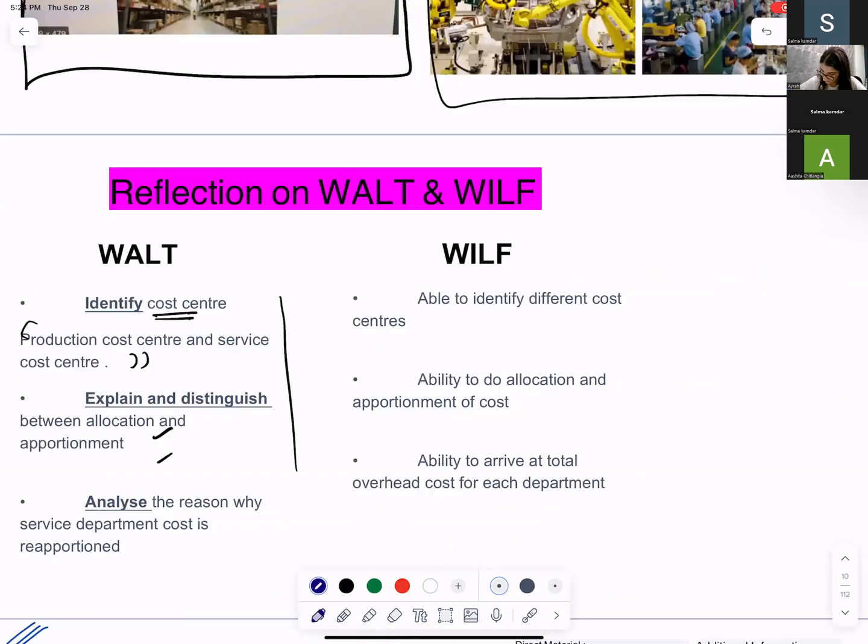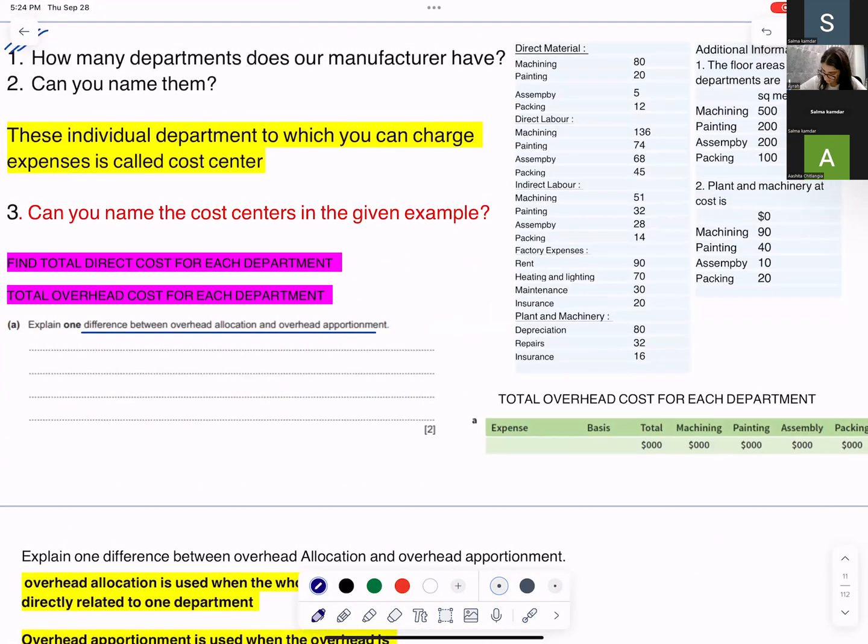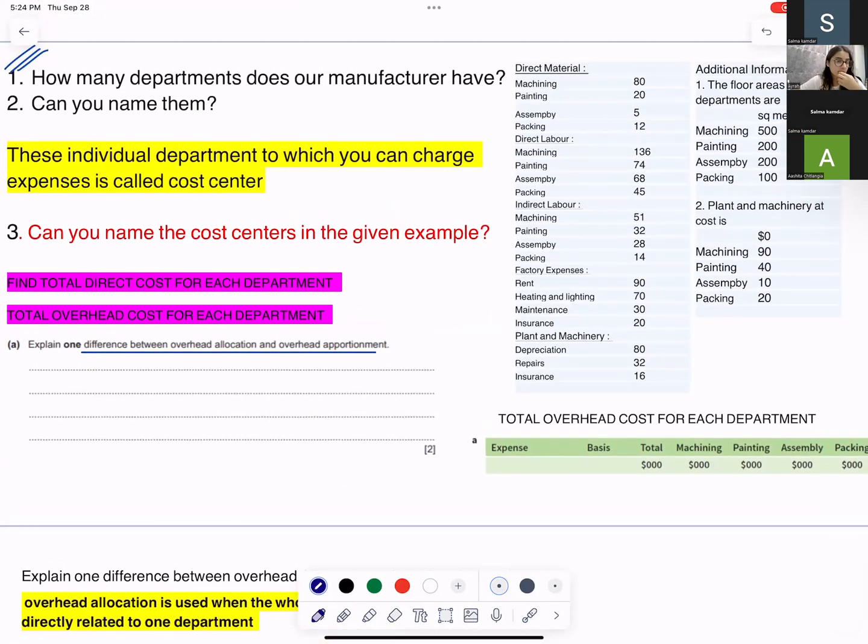So let's look at this question over here and answer my question. How many departments? Can you give another word for departments? What is department? Like divisions. Cost center.